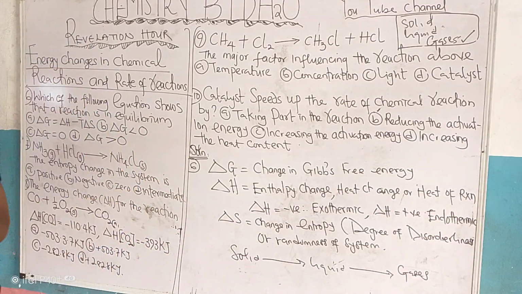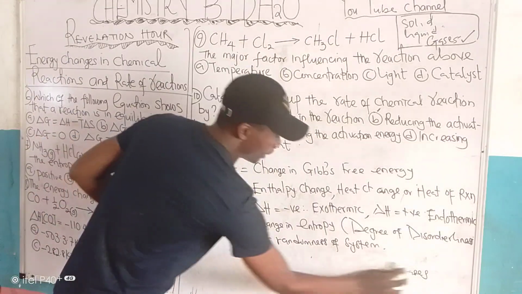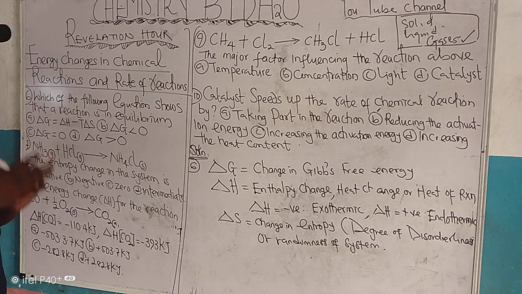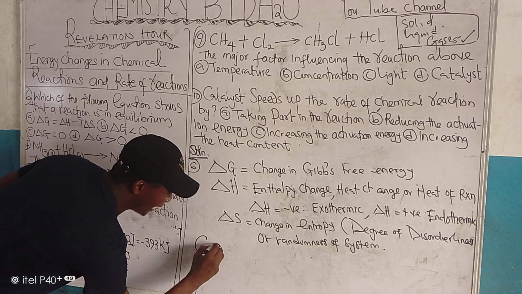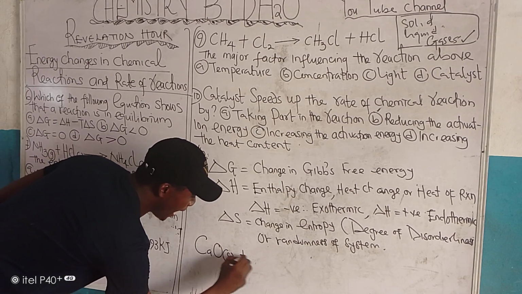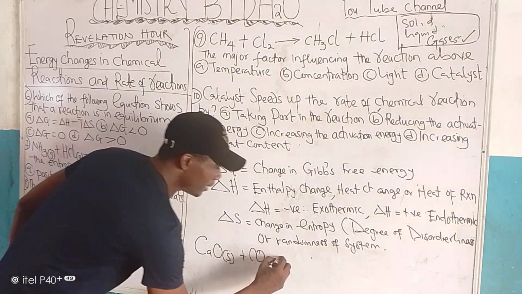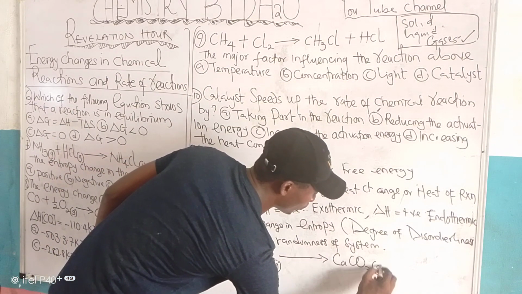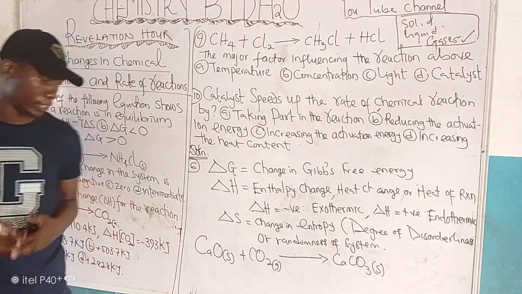And I'll give you just two illustrations to show whether the entropy of the system is either increasing or reducing. Take a look at this reaction, class. If I have calcium oxide, which is a solid, and it reacts with carbon dioxide, which is a gas, and then the end product becomes calcium carbonate, which is limestone and is a solid. What do you think has happened to the entropy of this system?